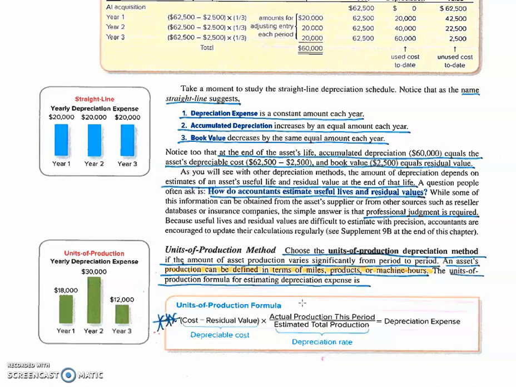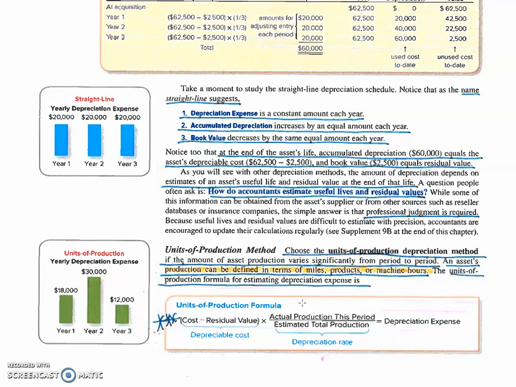Commonly, airlines use number of hours flown. But Southwest Airlines at one time, they don't use this anymore, I looked at their financial statements, but at one time they used number of landings because their argument was once you get up and flying, the plane doesn't incur a lot of wear and tear.